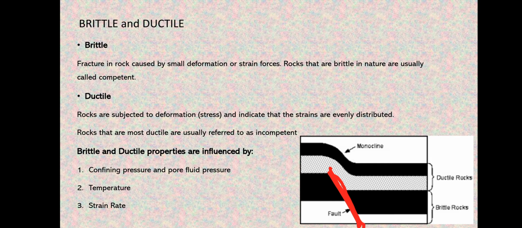Okay, next is ductile. Ductile is a rock that is subjected to deformation and indicates that the strains are evenly distributed, capable of being molded and bent under stress. So, in ductile, the rock is usually referred to as incompetent. So we can see here, it is not cracking, right?